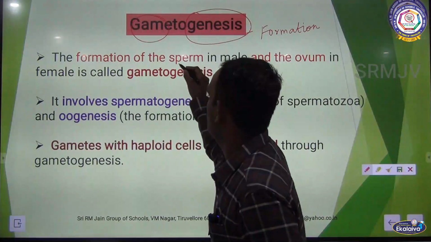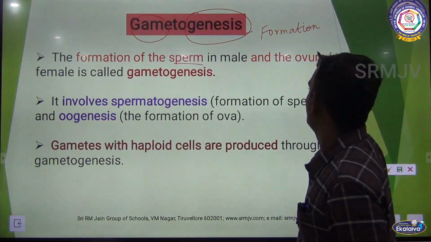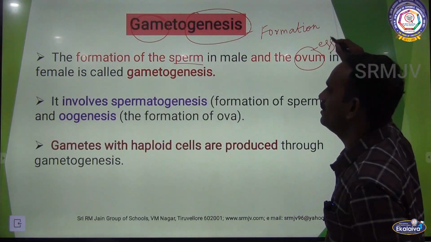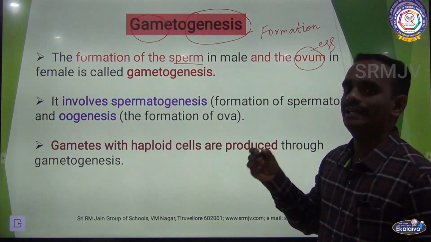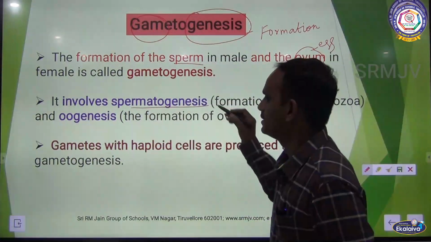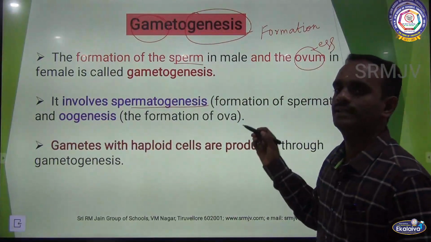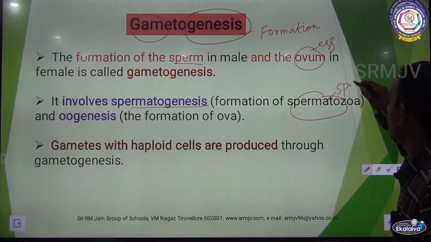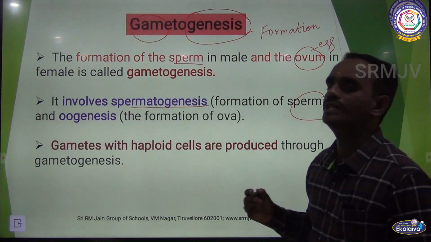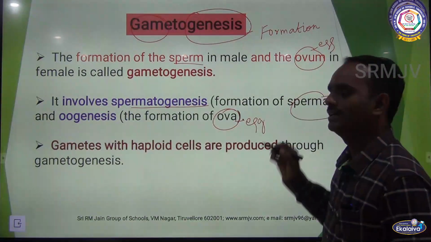The formation of sperm in males and ovum, that is egg, in females is called gametogenesis. It involves spermatogenesis and oogenesis. Spermatogenesis is nothing but formation of spermatozoa, that is sperm, and oogenesis, formation of ova, that is egg.